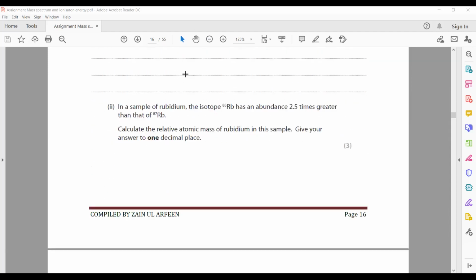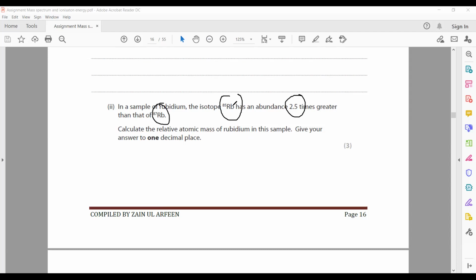Then in the next question, in a sample of rubidium, isotope 85 has an abundance 2.5 times greater than 87. Means when you compare the ratio, rubidium 85 is 2.5 times more than 87. Calculate the relative atomic mass. So how can you calculate this?